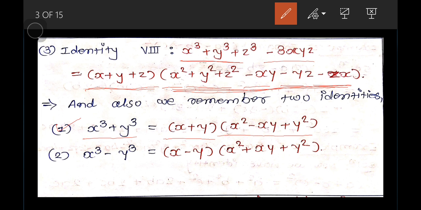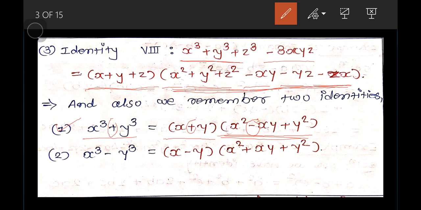Remember, in the quadratic identity, (x + y) whole square is x square plus 2xy plus y square, but in this cubic identity, the second bracket is x square minus not 2xy but xy, plus y square. So if a plus sign is given between two terms, then we put a plus sign in the first bracket and a minus sign first in the other bracket.